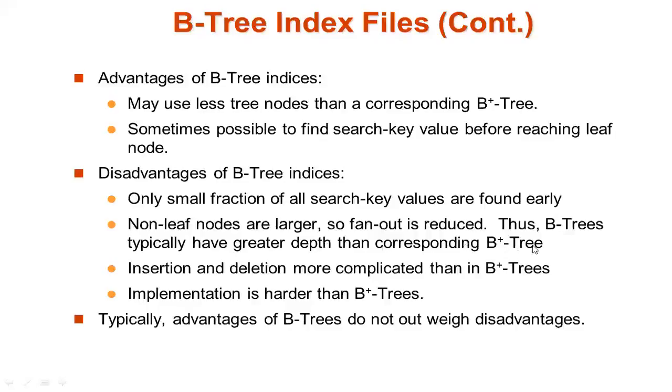That is, the number of levels present in the B tree will be more than in the B plus tree, okay? Then insertion and deletion are more complicated than in the B plus tree. So when you do insertion or deletion, the B tree is a little more complicated than the B plus tree. The B plus tree is more advantageous. Then implementation is harder than the B plus tree, right? So typically the advantages of B trees do not outweigh the disadvantages.